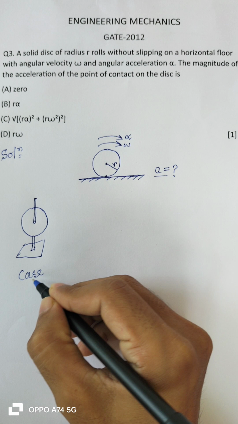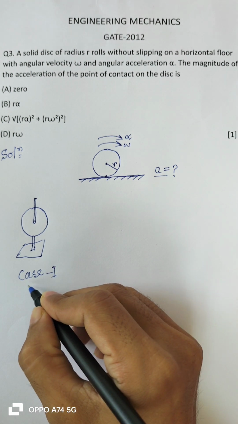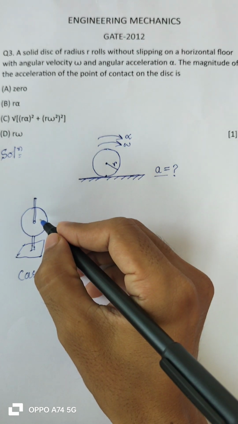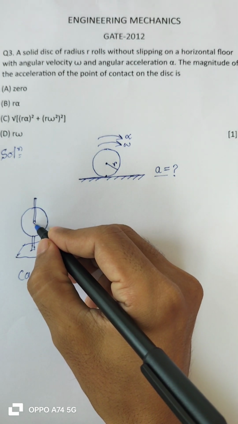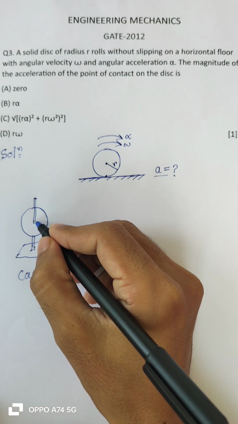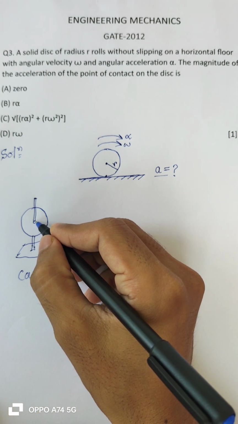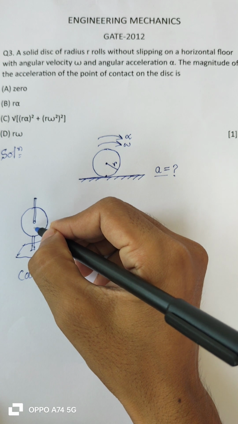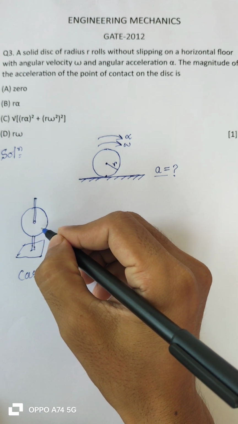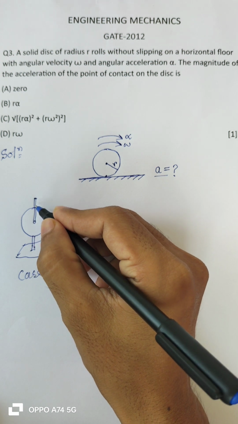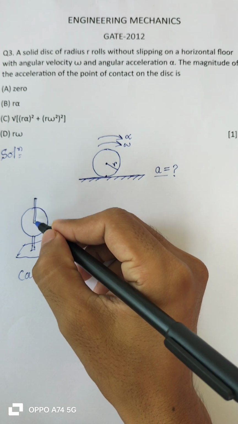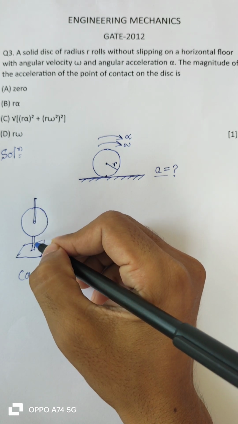Case number one, suppose this is the disk and I have made a hole at the center of the disk with some suitable operation like punching, and I have mounted the disk onto a stand so that the disk may revolve around the stand. The stand is the axis of the rotation.